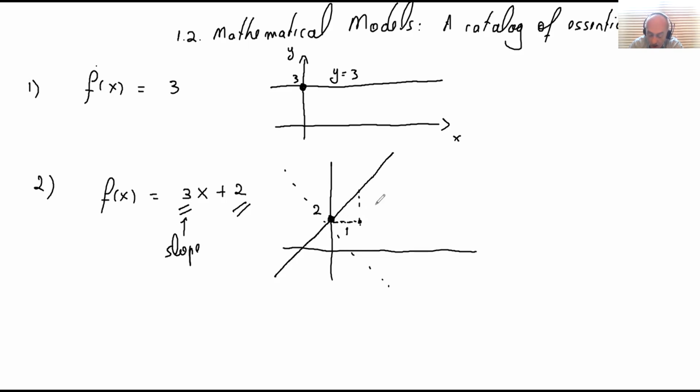If the run is 1, the rise, which is how much you go up, will be 3. So this is very important. Remember that slope, and I want everybody to remember this formula from, I'm sorry, not calculus, college algebra: the slope is the rise over run.